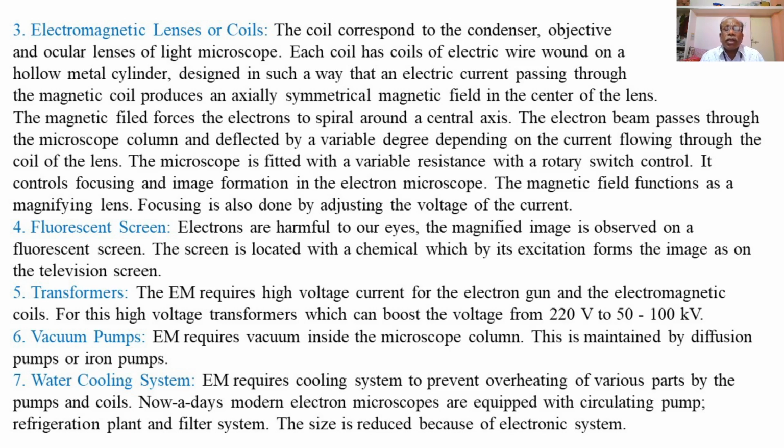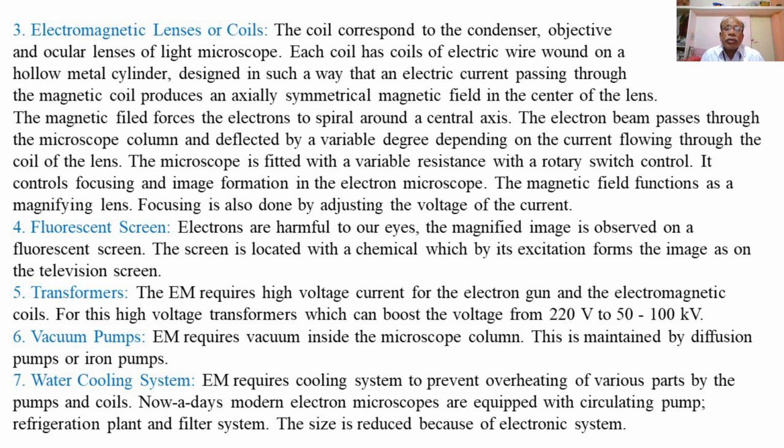Nowadays, modern electron microscopes are equipped with a circulating pump, then a refrigeration plant, and a filter system, so as to maintain the cool condition in the electron microscope, to avoid the overheating of various parts of the pumps and coils.